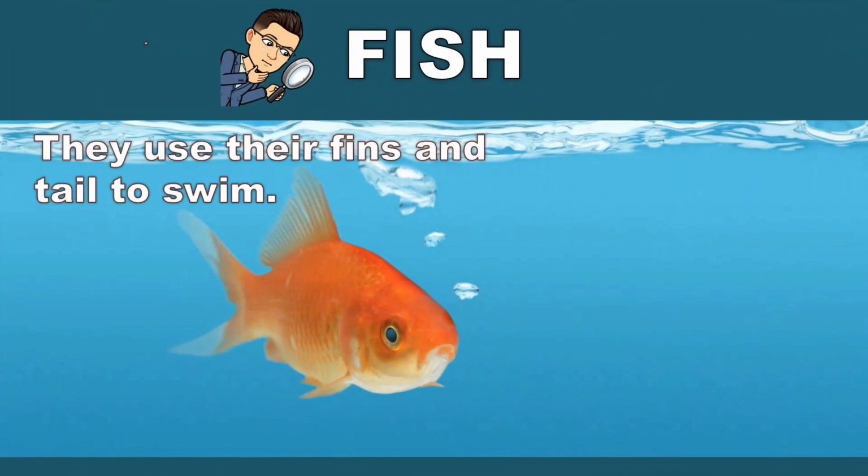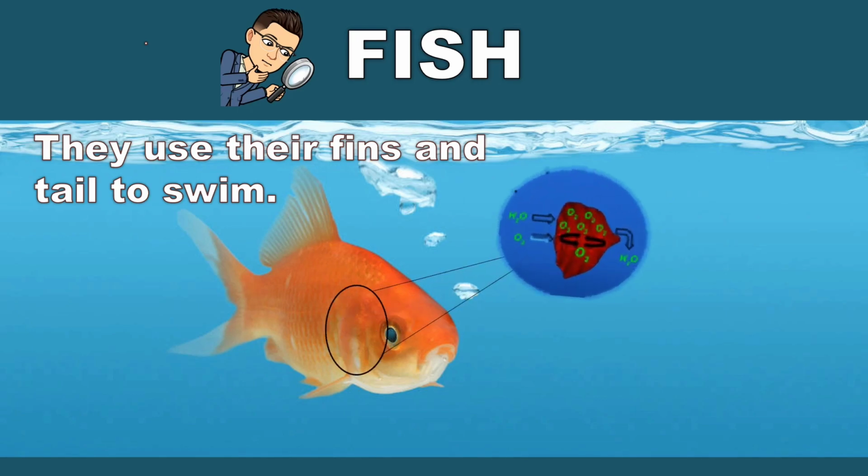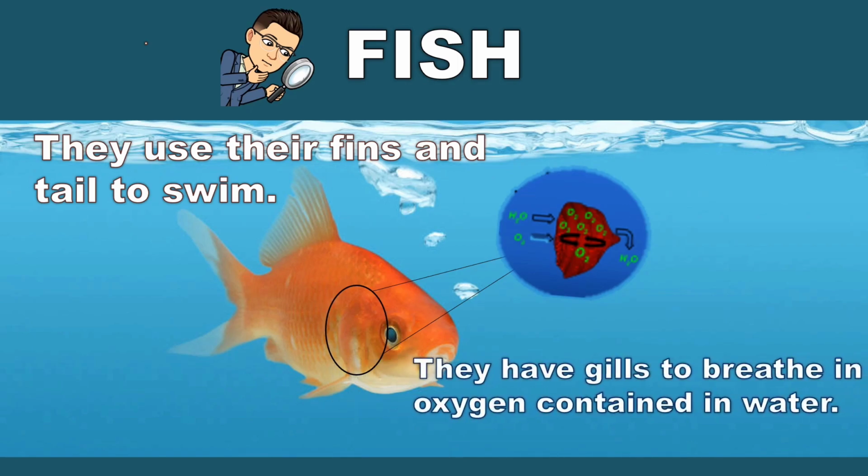You're right. They use their fins and tail to swim. How about their gills? What do you think is the use of their gills? Very good. Fish have gills to breathe in oxygen contained in water.